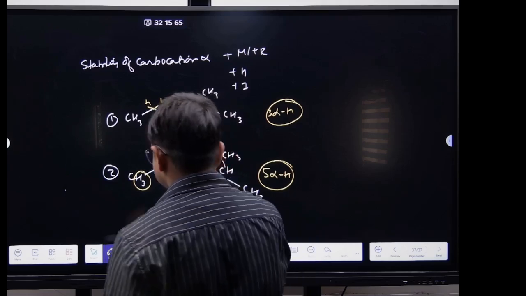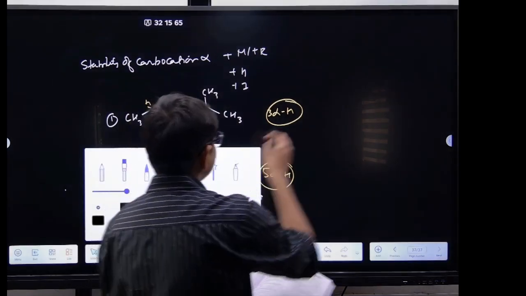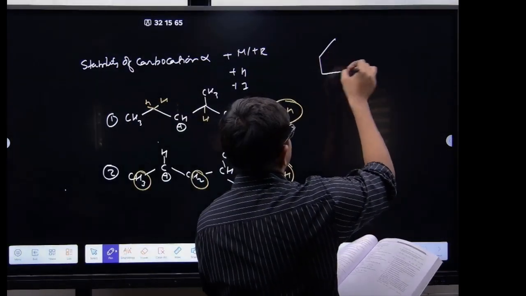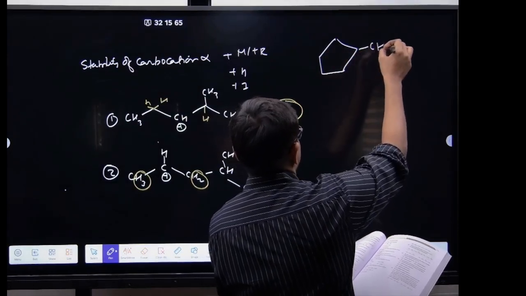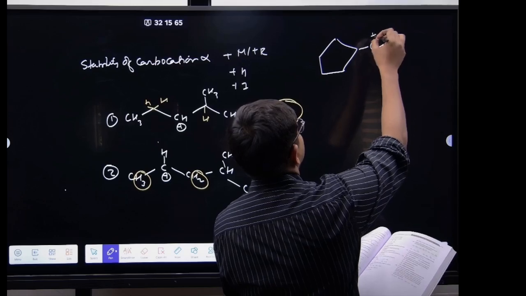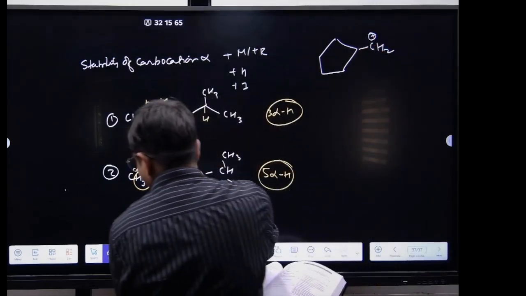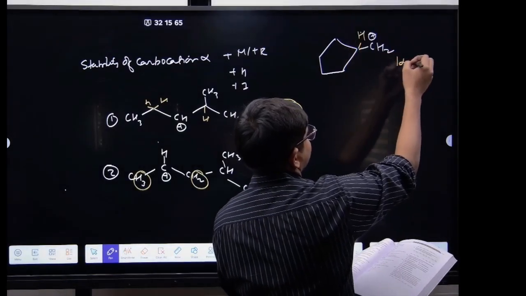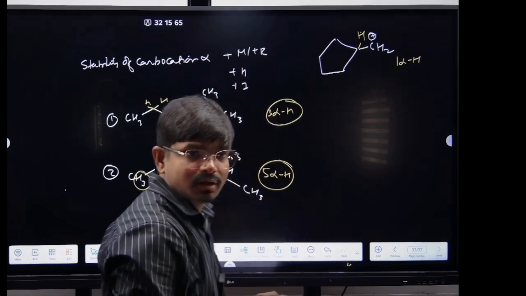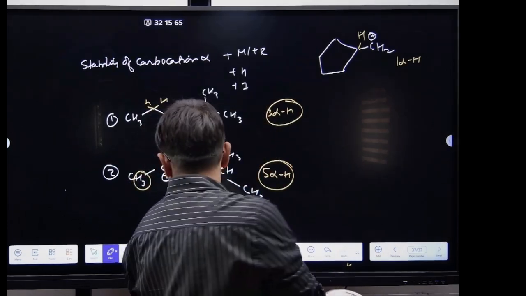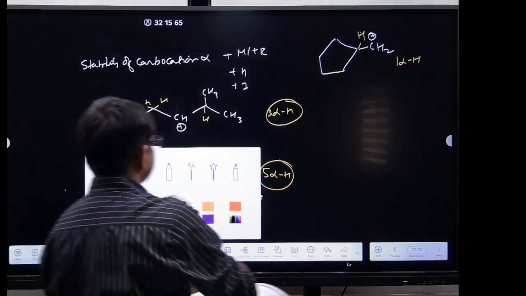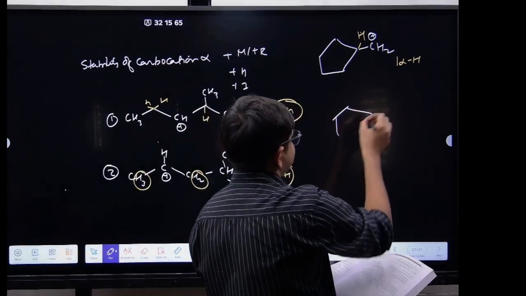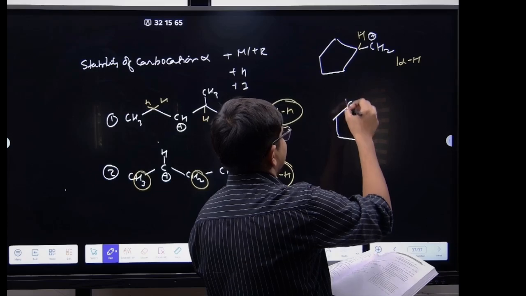Now the next example you see, कितने alpha hydrogen है देखते हैं. See here, example of this one, CH2 plus, how many alpha hydrogens? कितने हैं? देखो तो, you have only one alpha hydrogen, right? And the last one you have to see, this example, like this one, positive CH3.